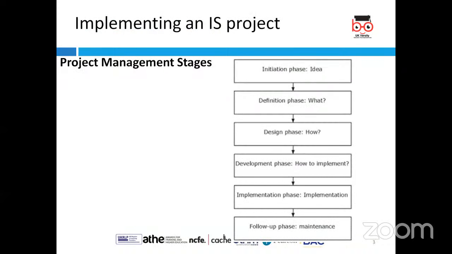In our previous unit, we looked into how project management works, and how this is done within big firms, big companies. From our flowchart here, we can see that we have the initial phase, which is where we gather the ideas and the information.